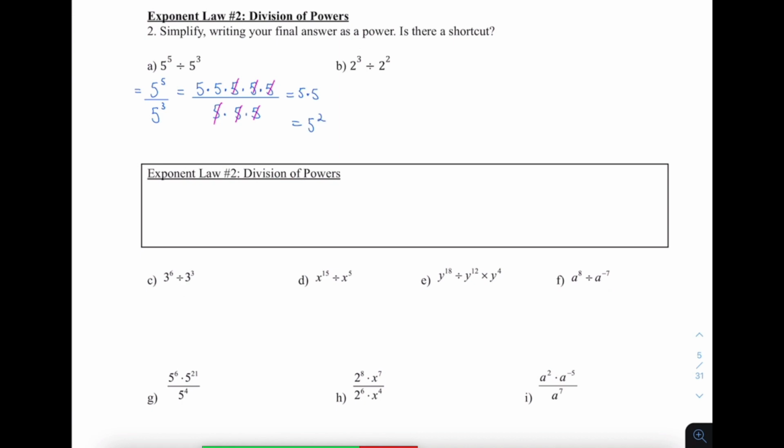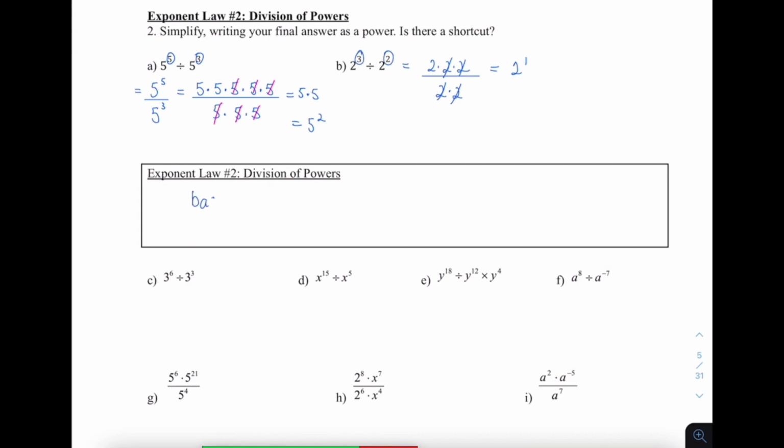But a short way to get this is to look at the exponents of the bases and recognize that when I'm dividing these two powers, my denominator cancels out the ones in the numerator, so I can actually just subtract the exponents. We'll do it one more time the long way, but I know all I have to do is subtract the exponents here.